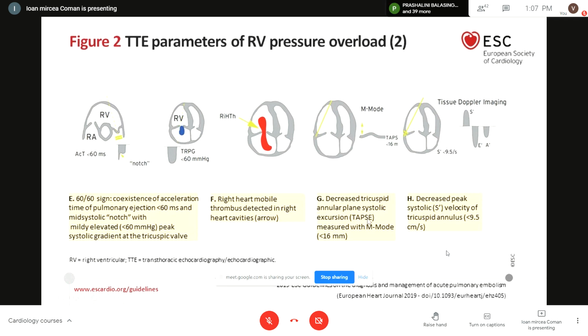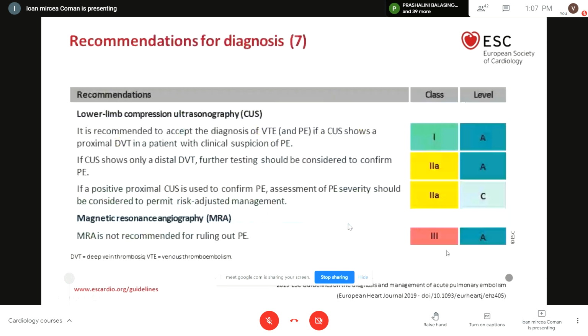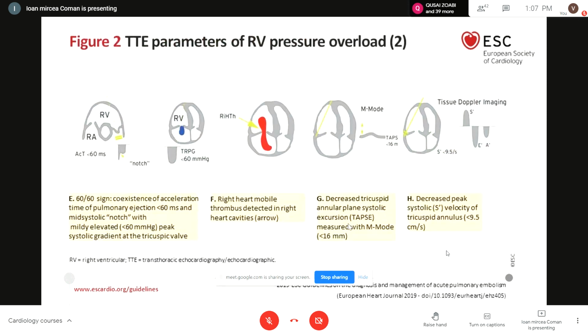Yes, if TAPSE is low, below 16, this is a sign of important right ventricular dysfunction.